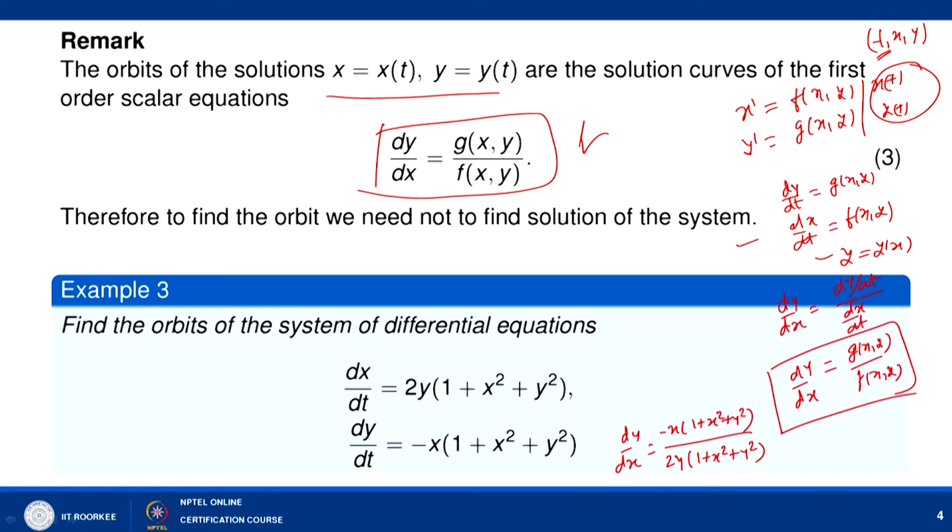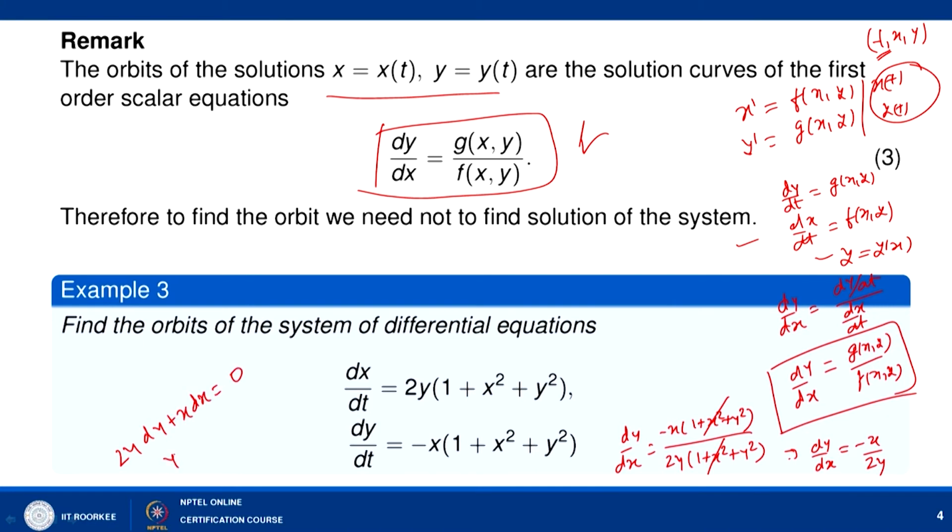Now, this 1 + x² + y² is never 0. So, we can cancel it out and we get dy/dx = -x/(2y), and it is basically a separable equation. So, we can write 2y dy + x dx = 0.